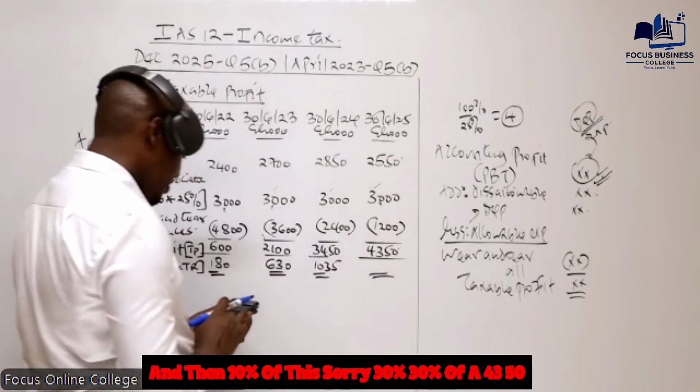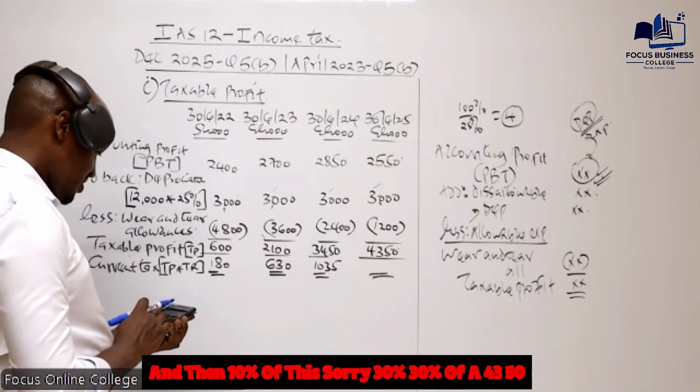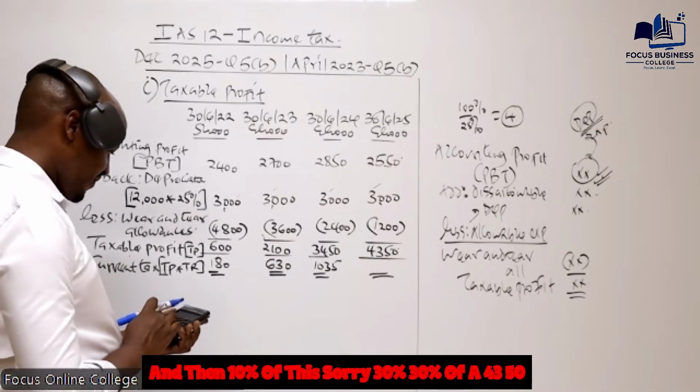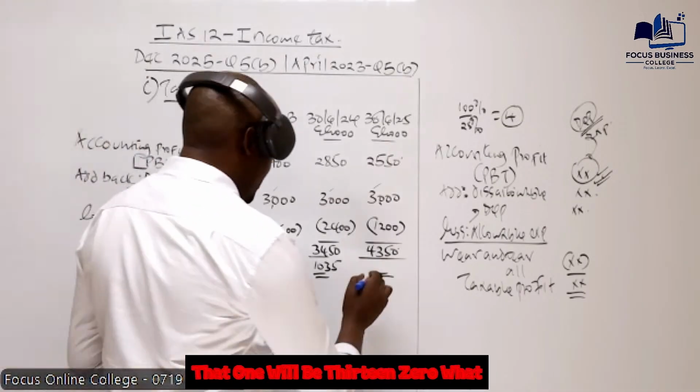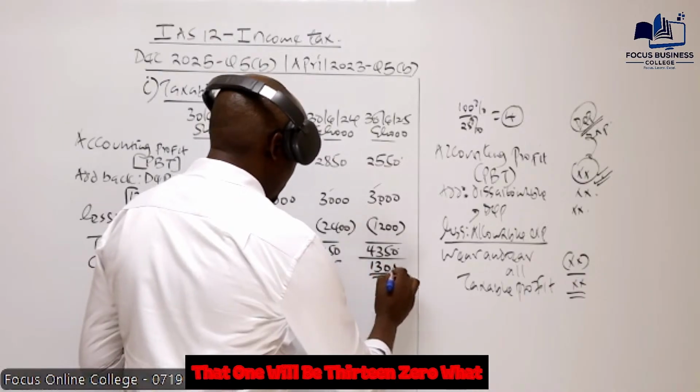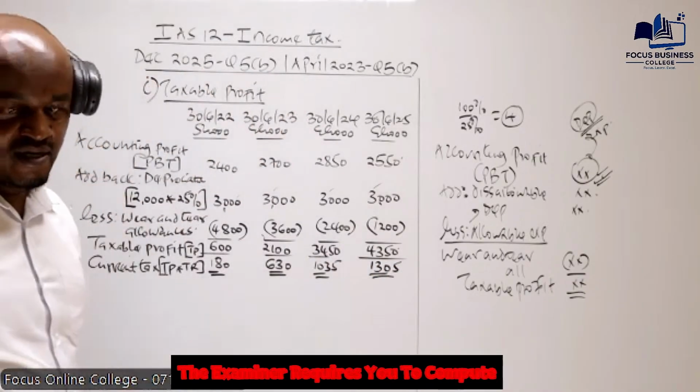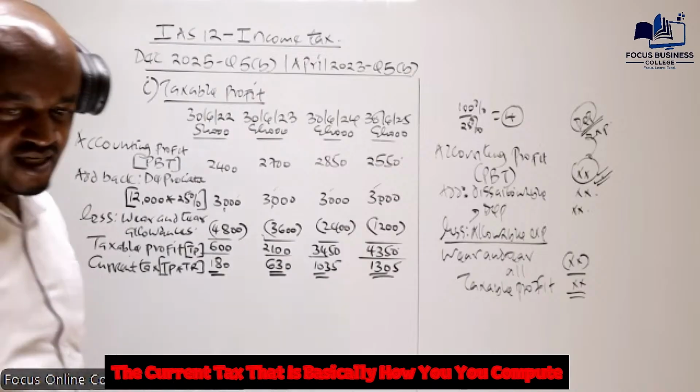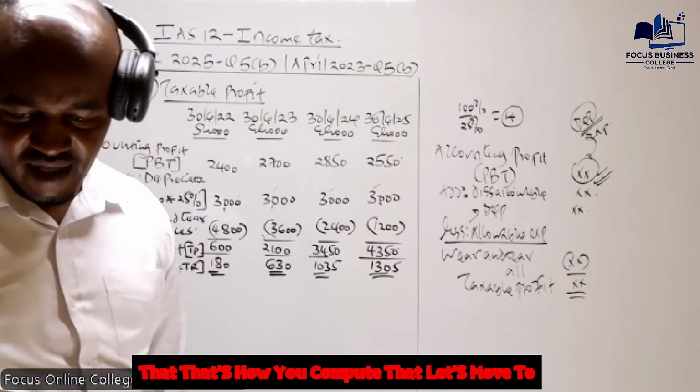And 30% of 4,350 will be 1,305. So in case the examiner requires you to compute the current tax, that is how you compute it.